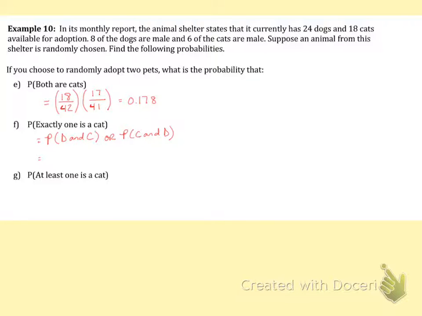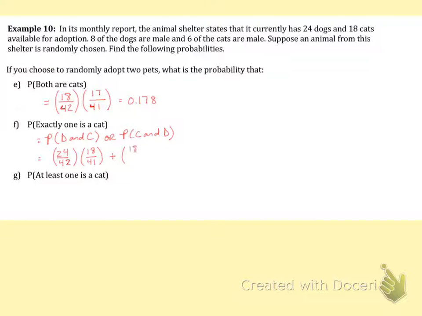Well, the probability of choosing a dog is 24 out of 42. We chose a dog, therefore the total number of animals left to choose from is reduced to 41. But we didn't choose a cat, so we have the same number of cats left over, and that gives us 18 out of 41. Or the other scenario is that we choose a cat first.